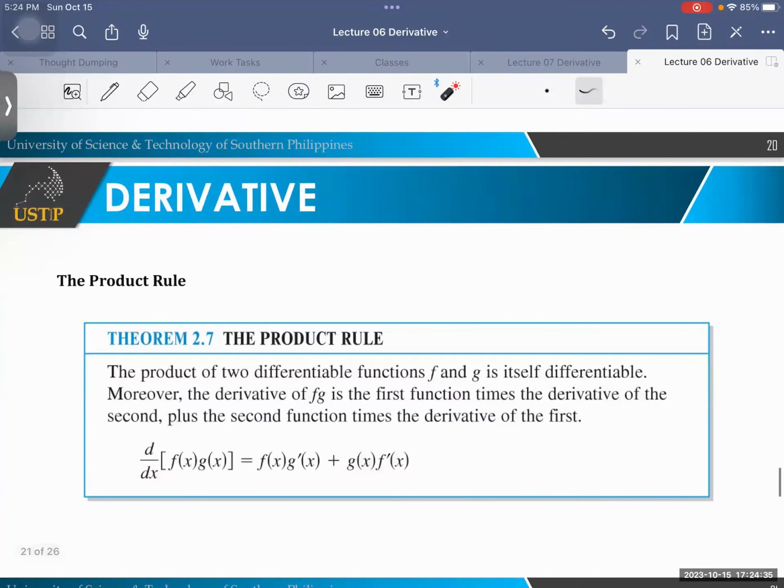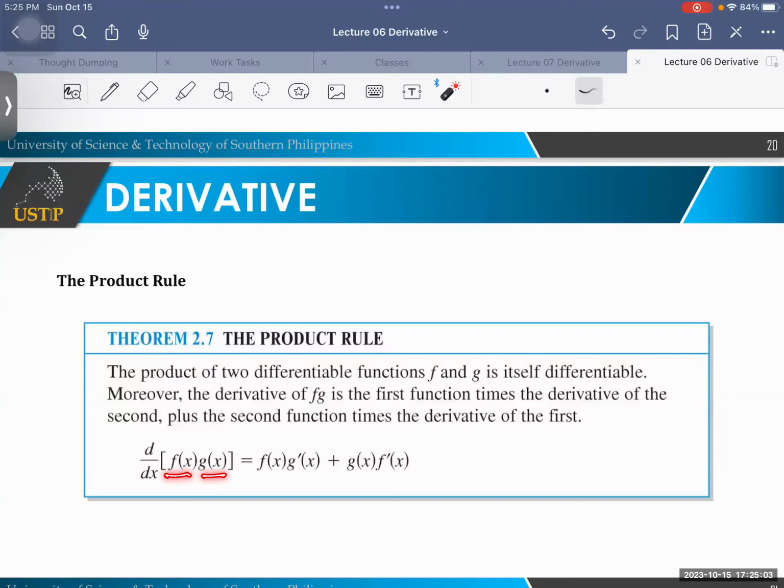Okay, product rule. My discussion is a bit long. The product rule is a little tricky, class, but it's easy because all you have to do is get the derivative of each function, multiply it with the original of the other, then add. Two functions are involved, f and g.